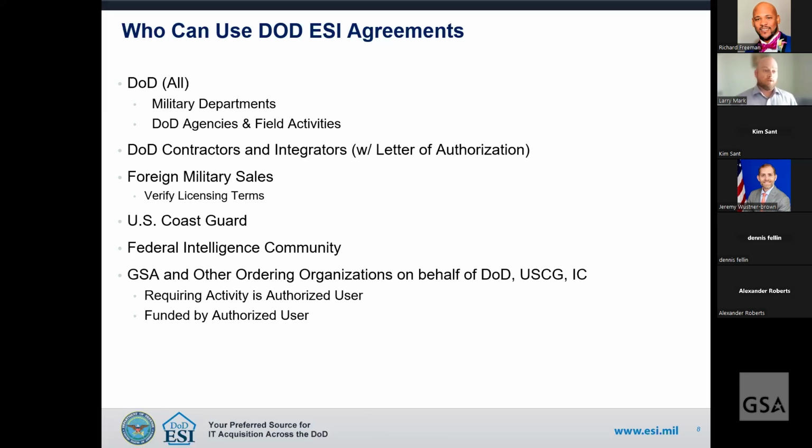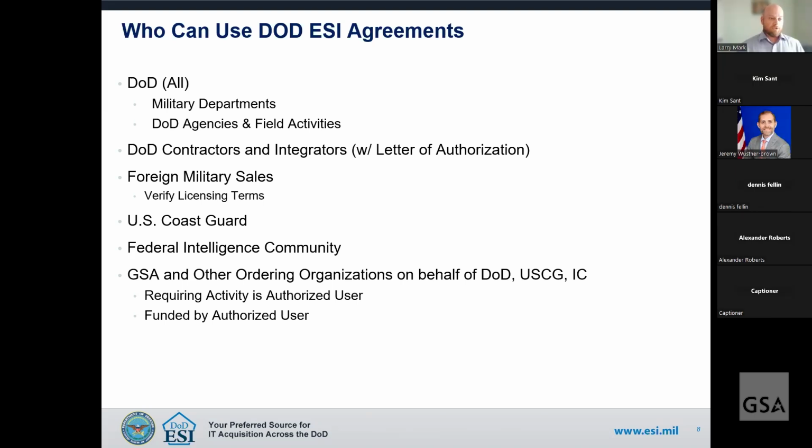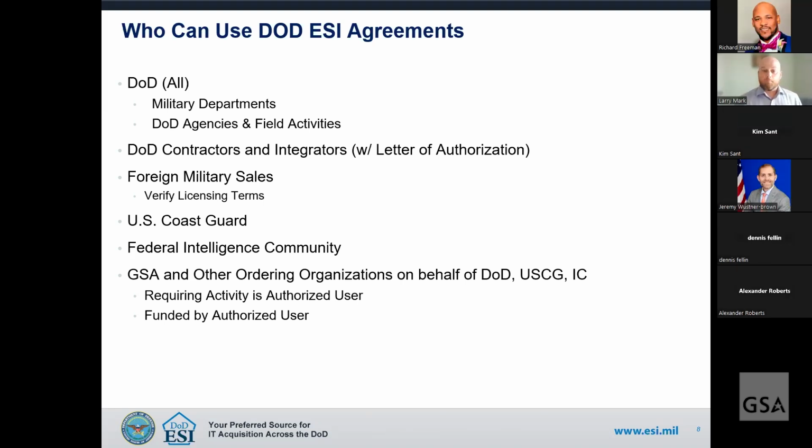It is also open to the U.S. Coast Guard, as well as all of the federal intelligence community as well. There are some others, GSA or other ordering organizations, if they are ordering on behalf of the DoD or Coast Guard or the intel community. However, the requiring activity does have to be an authorized user that I mentioned above. And then also the funding has to be coming from that authorized user as well.